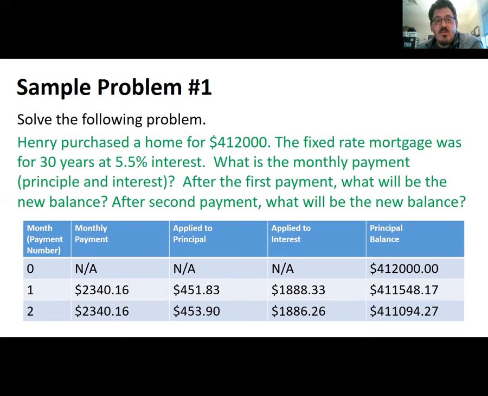You know, $412,000 is a lot of money, and deducting $450 roughly each month is going to slowly get you to a smaller and smaller principal balance as you go. But again, an amortization schedule just helps sketch out how the principal and the interest relate to one another, how they are changing over time, and how they relate to the principal balance. So there you go.